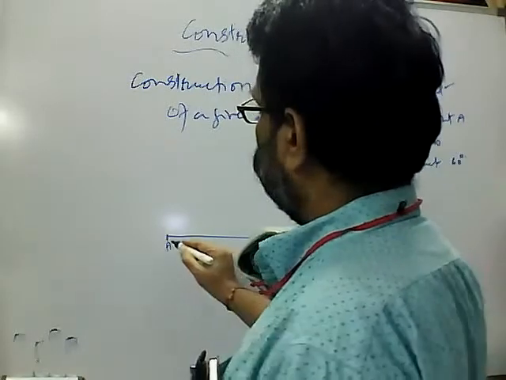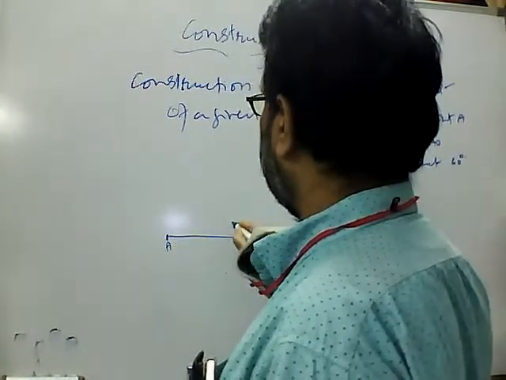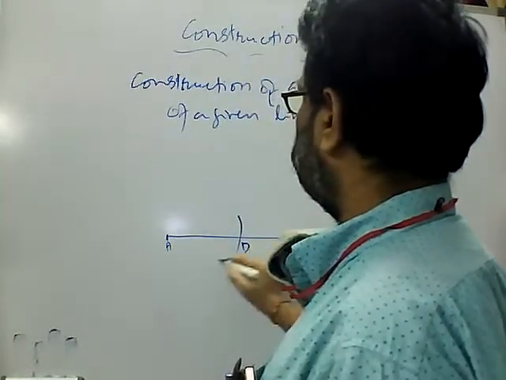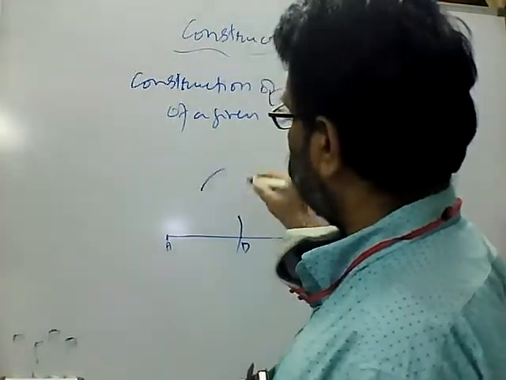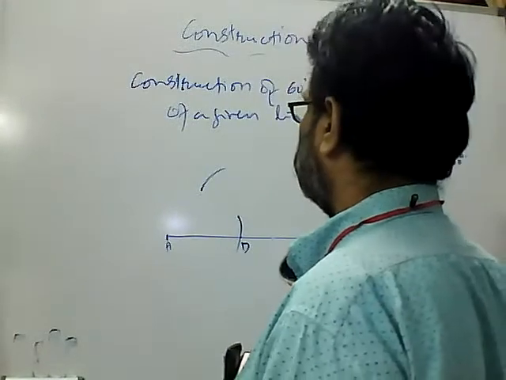So what to do? Take a suitable arc and cut an arc here like D. And again with the same radius, cut an arc here.